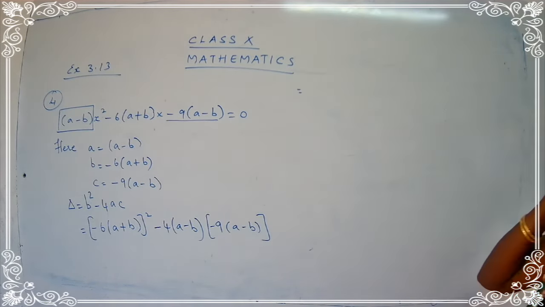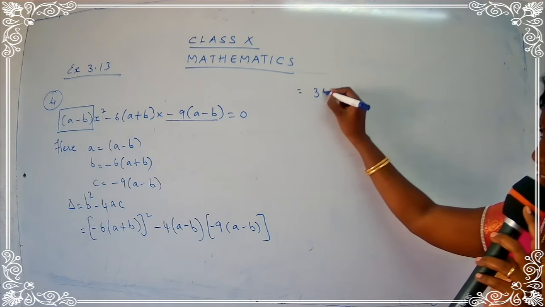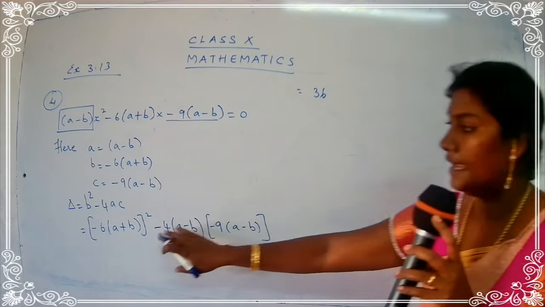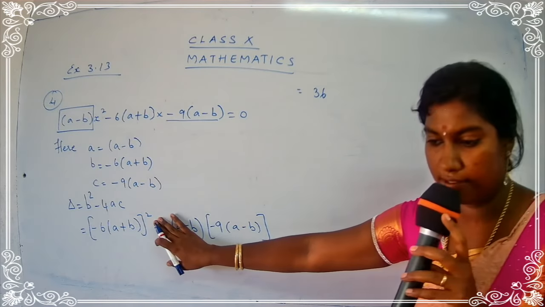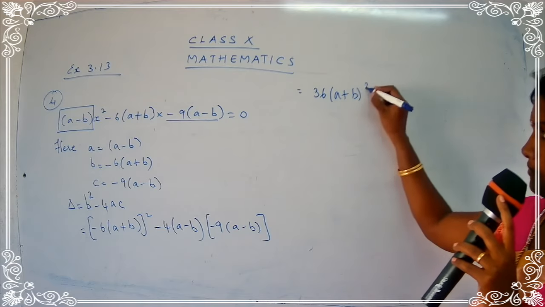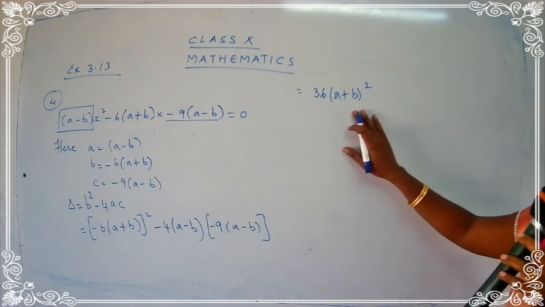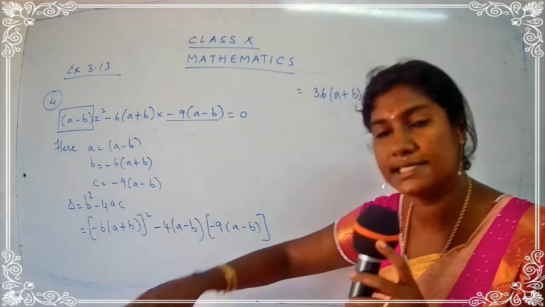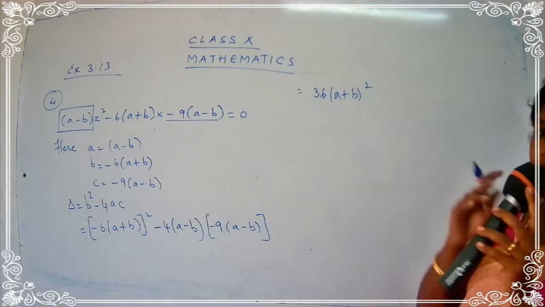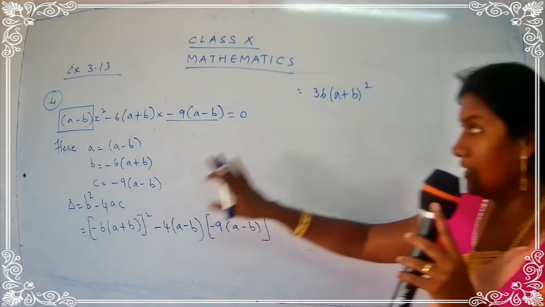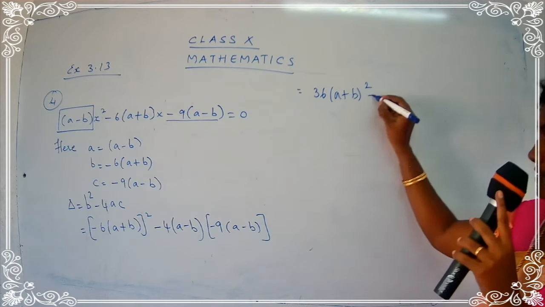So what do you get here? 36. 6 6 are 36. A plus b the whole square. So write down here a plus b the whole square. I hope you're clear. Do not just write a plus b. The square is for minus 6. So minus 6 into minus 6, 36. Minus minus plus. So you get 36 a plus b the whole square minus.